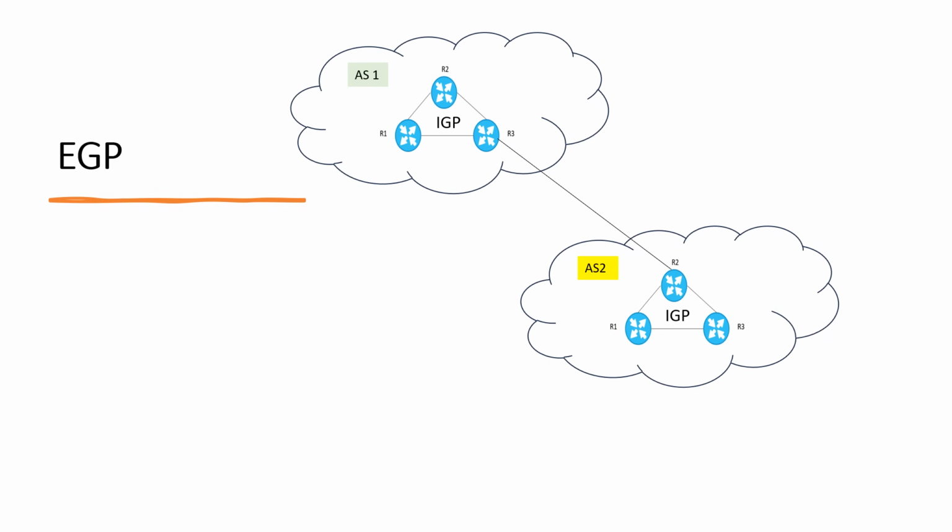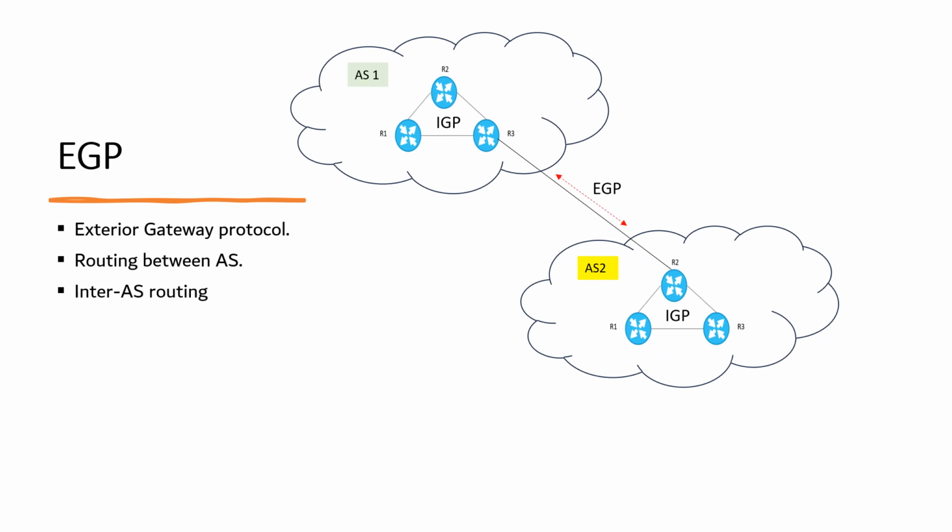Then we have another type of protocol, that is EGP, also known as Exterior Gateway Protocol. This is designed for routing between autonomous systems. It is also referred to as inter-AS routing protocol.